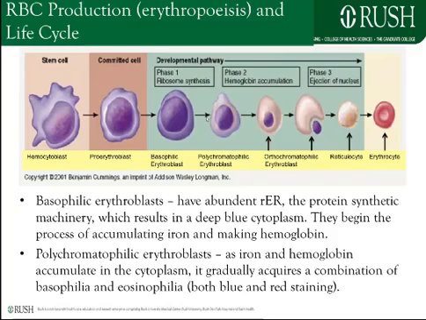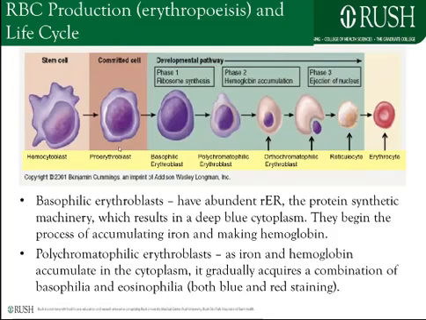And we're going to talk about this in lab today, if you have lab today or tomorrow. What is basophilia and what is eosinophilia? Don't worry, it's coming in lab, okay? But this dark blue color here in the cytoplasm is the result of all of that RER in the cytoplasm and all of that protein production machinery sitting there, starting to churn out.